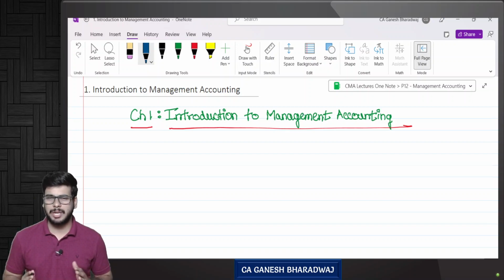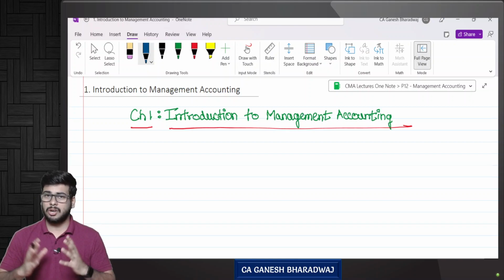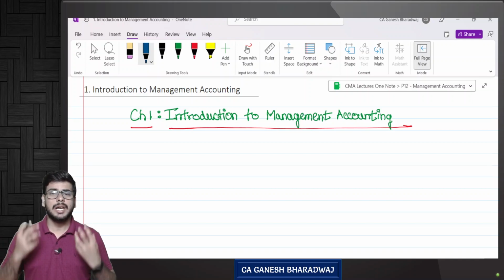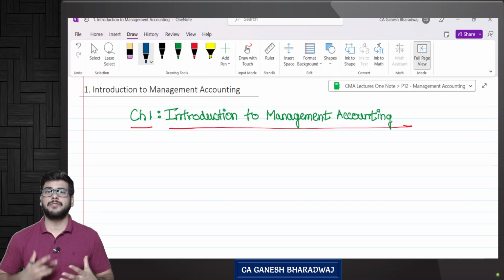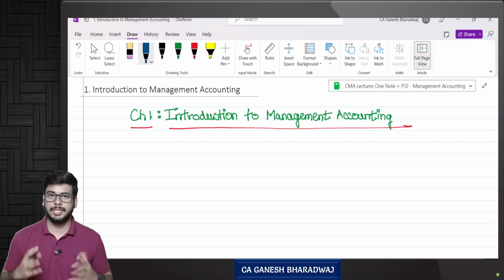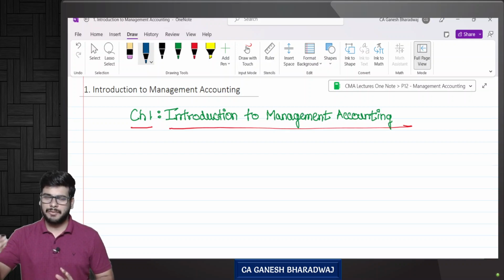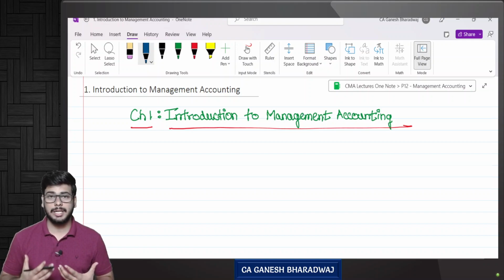All of these things have been explained. Don't worry, it is not a theory subject that we are dealing with. It is actually a practical paper where a lot of numerical questions will be involved. Of course, not in the first chapter, but as we move on from the second chapter onwards, we'll be seeing a lot of numerical concepts. That is number one.